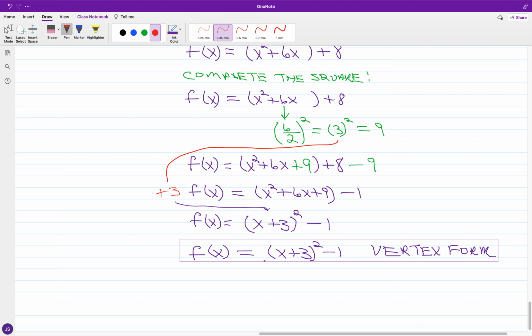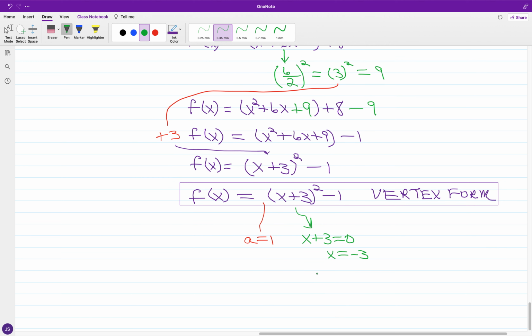So for what we have at the front, implicitly I have that a is equal to 1. And for the h value, remember, if x plus 3 is equal to 0, then x is equal to negative 3, and that's going to be your h value as well.